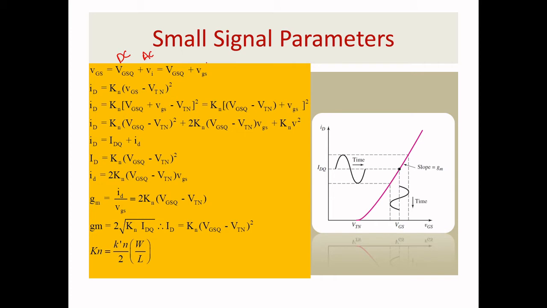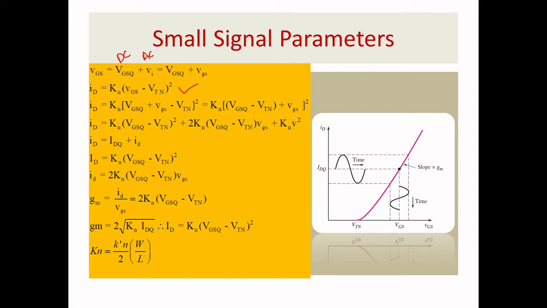I can write VA equal to vgs. The input voltage will be equal to vgs. That is the basic scenario for this circuit: VGSQ plus vgs. So you know the drain current is nothing but Kn times VGS minus VTN whole square. It's a basic formula you know, in the saturation region.